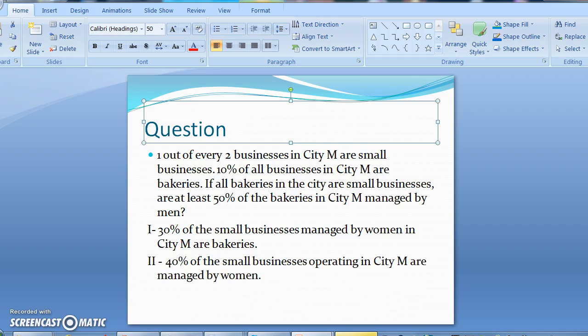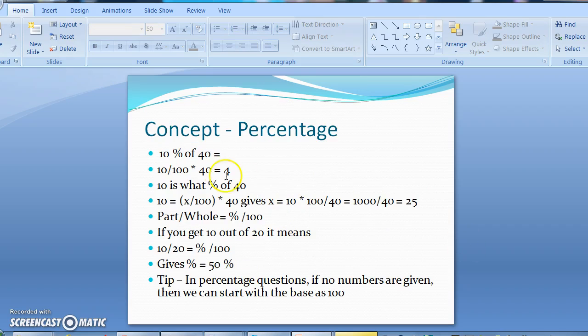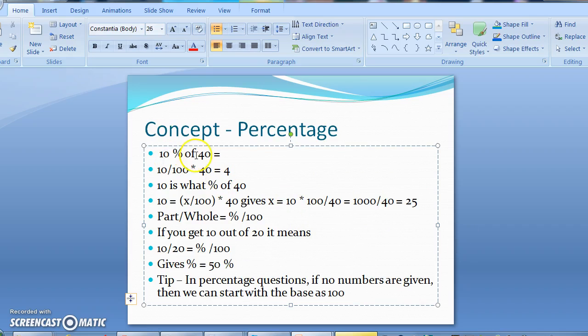And first, just the basics of percentage. So let's quickly review that. 10% of 40 is 10 by 100 of 40, right? 10% means out of 100, so 10 by 100 of 40, that is 4.